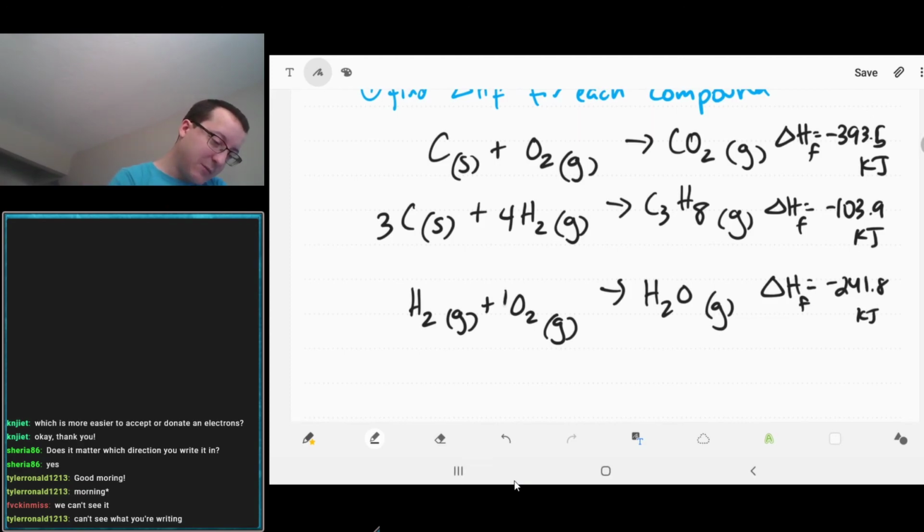And so that tells us we need to have this silly 1/2 there. Technically, if you were being a good chemist, you would say 2H2 plus O2 turns into 2H2O. But for a delta HF, we must have a coefficient of 1 for the product. And there's always just one product. So that's how these are given. So as a result, we're going to have 1/2 for our oxygen there.